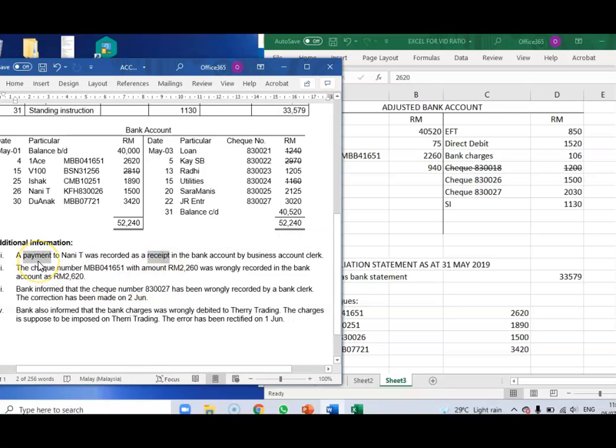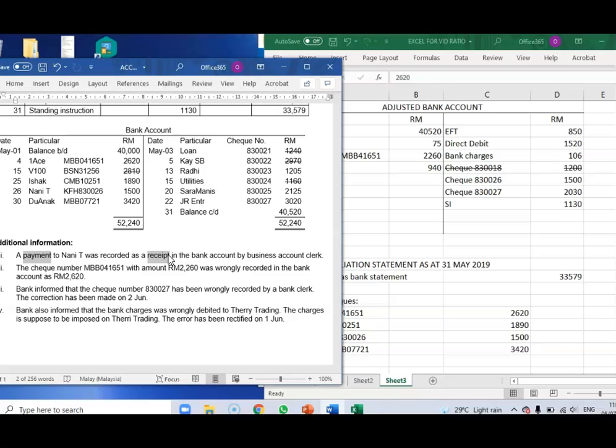Something you bayar, but you record as penerimaan, duit terima. Bayar, but record as terima. So there is what we call a principle error, meaning a complete reversal, from payment to become receipt and receipt become payment.